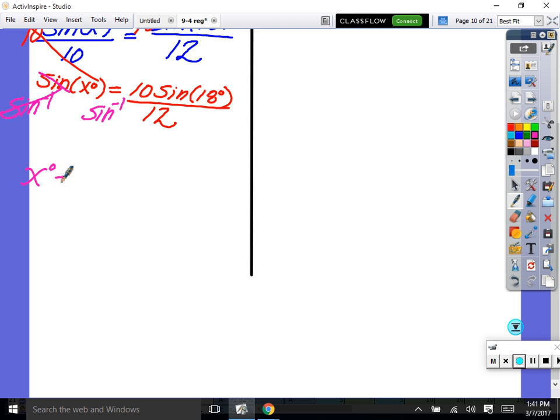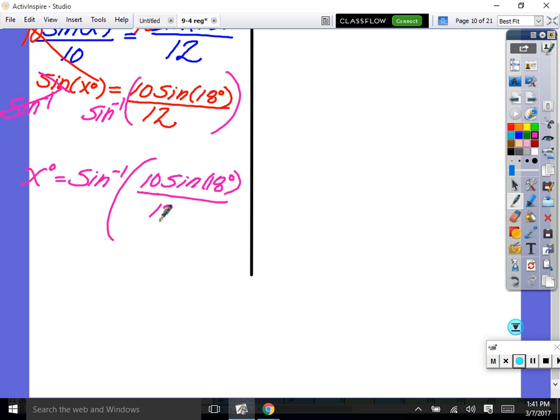So x degrees equals, and over here it was sine of all that stuff, so sine inverse of all that stuff. So 10 sine of 18. And so it's just algebra. Once you set up a true statement, it's just algebra. So now you literally type it into your calculator. Ready? I want you all to do it. Second sine of all that stuff. Because if we don't know how to type it in right, I need to come help you, which is great. That's why we're here.